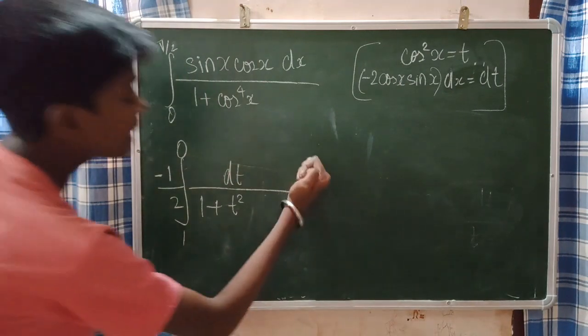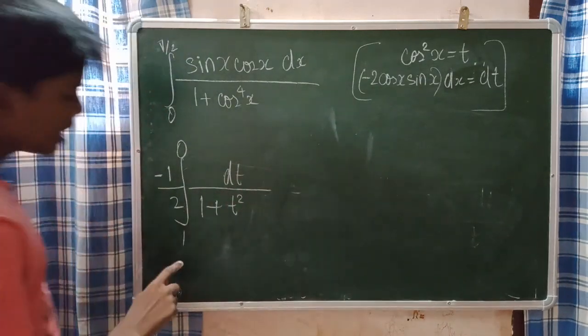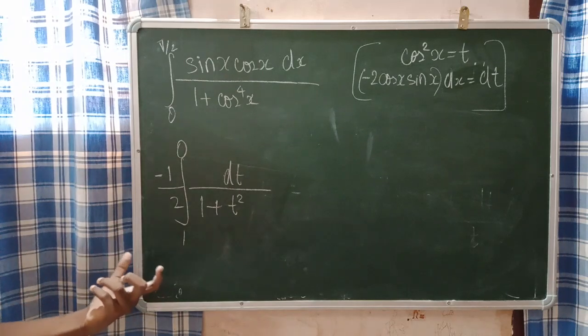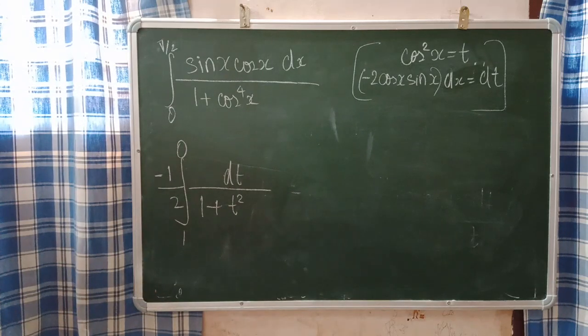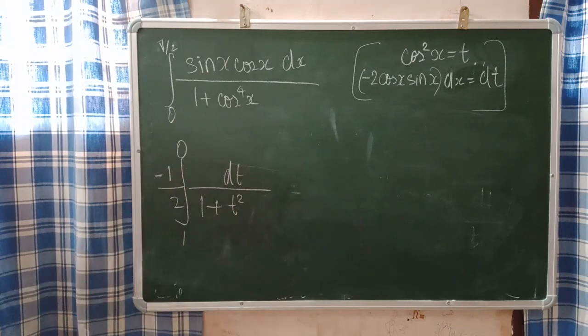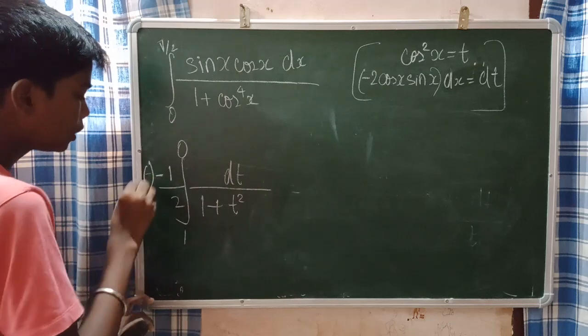Now, think carefully. What can we do now? Having the limits from 1 to 0 is a problem now, guys. When the lower limit is greater than the upper limit, it's going to be a problem. How can I break that? You can reverse the limits, you can make the limits reversed. How can I do that? By multiplying by negative.